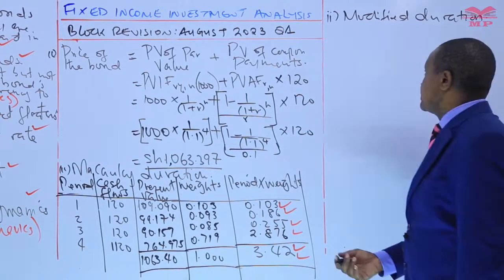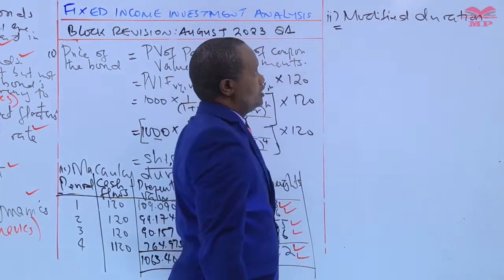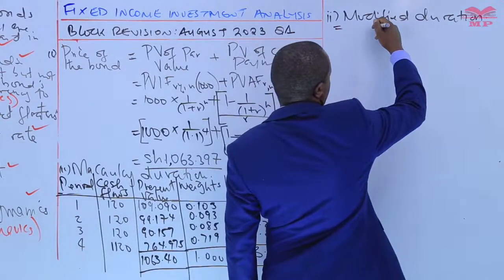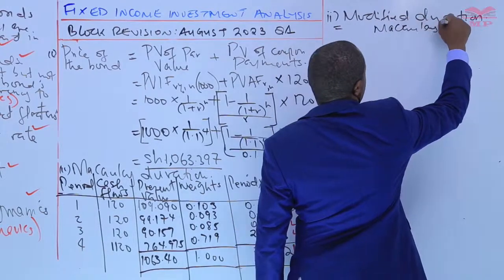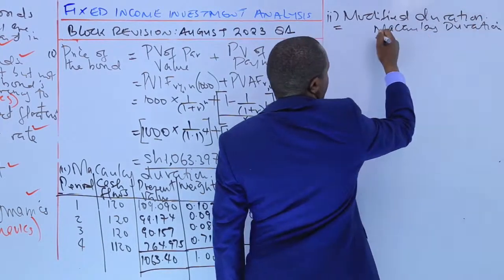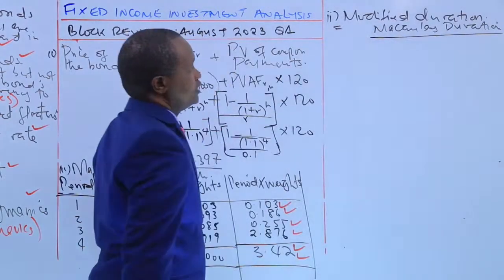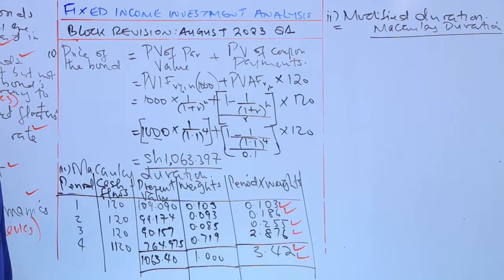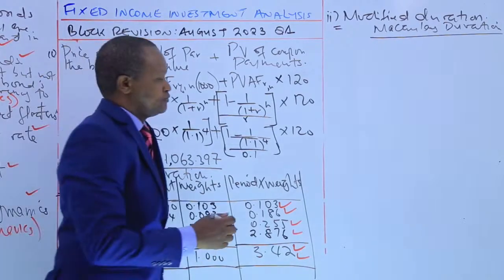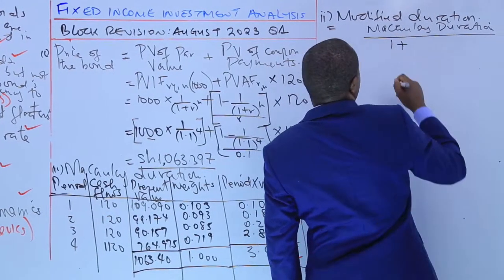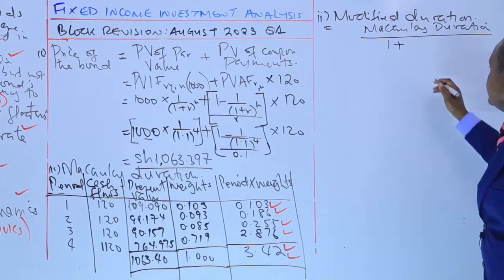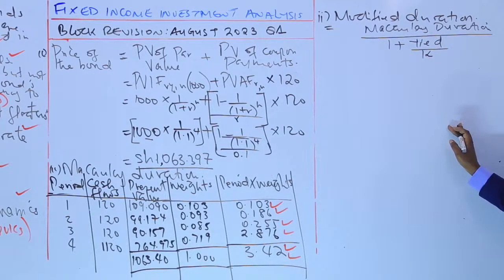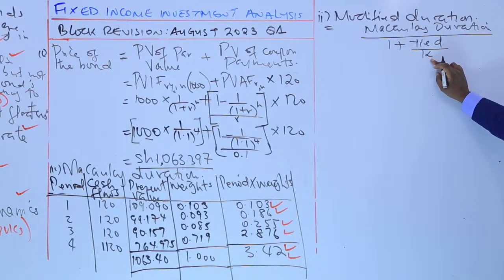That is to say that modified duration is determined by dividing the Macaulay duration by 1 plus the yield divided by K, incorporating the bond's current yield to maturity, where K is the number of periods per year.